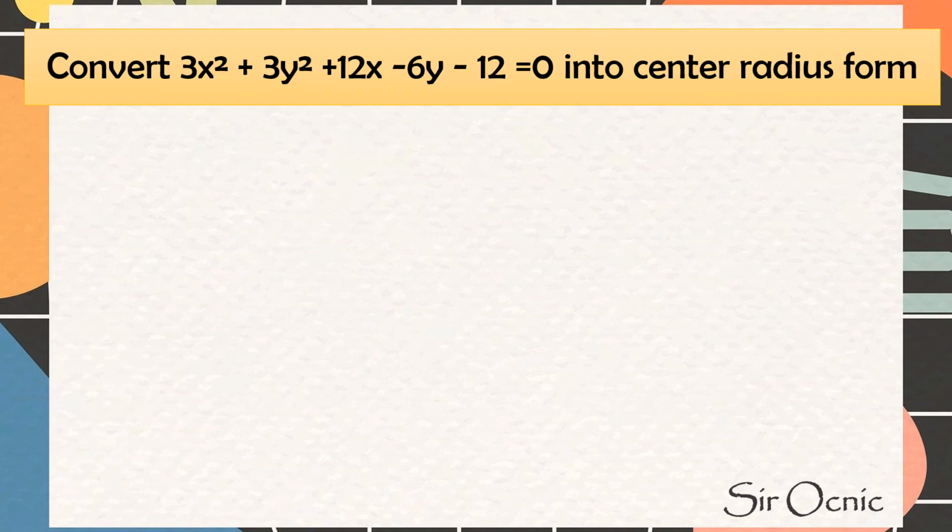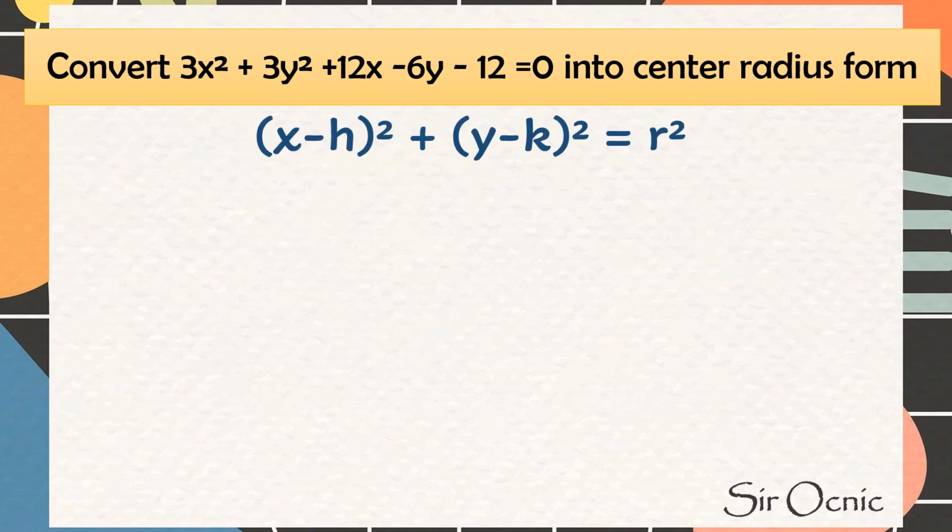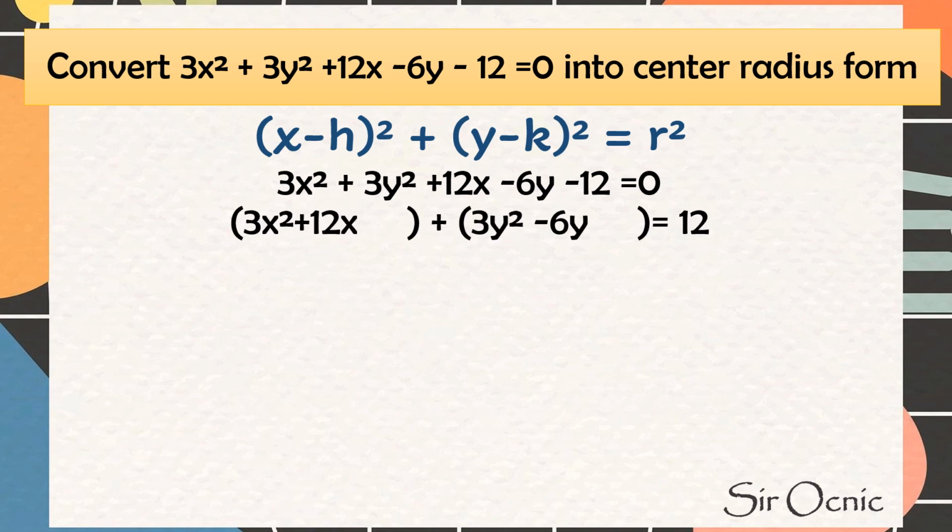Convert 3x squared plus 3y squared plus 12x minus 6y minus 12 equals 0 into center radius form. By regrouping, that is equal to quantity 3x squared plus 12x plus quantity 3y squared minus 6y equals positive 12.